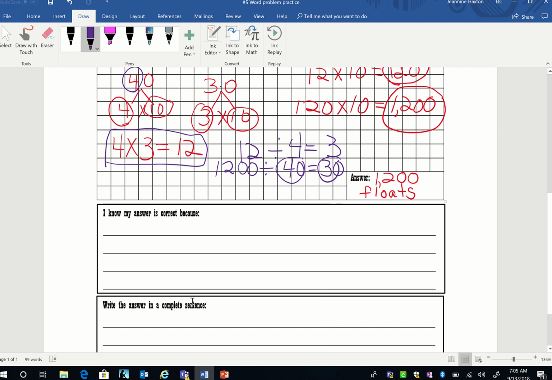And now I'm going to come down here and I want to explain what I did. So I want to start with talking about how I decomposed 40 into 4 times 10. So that's what I'm going to say.